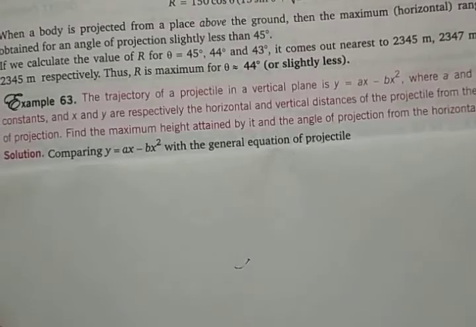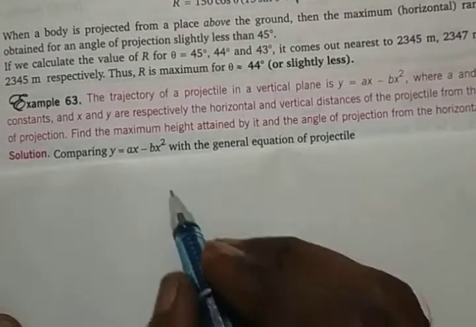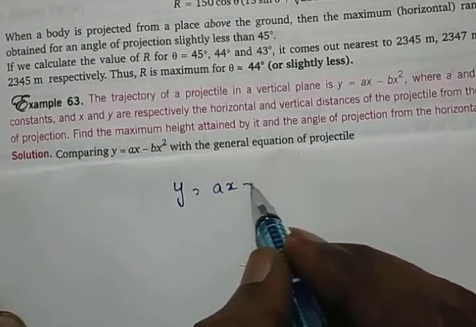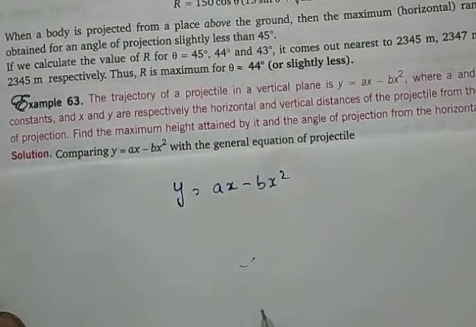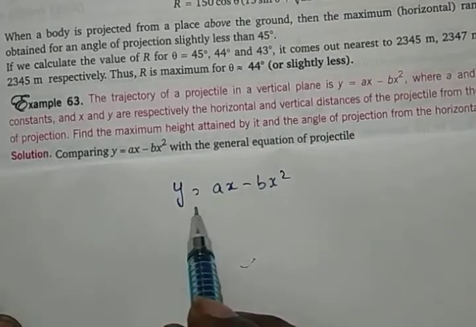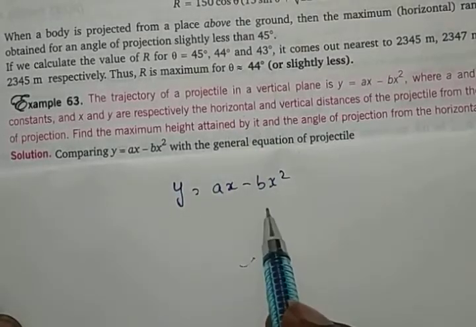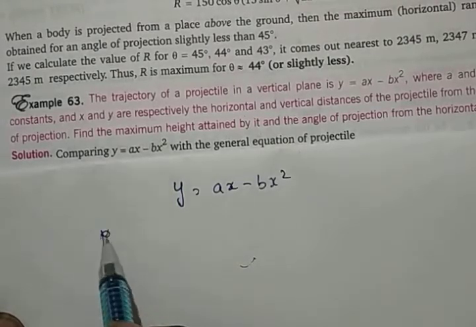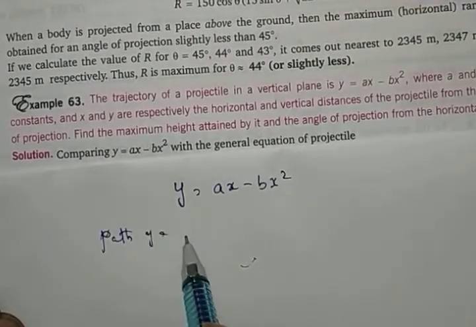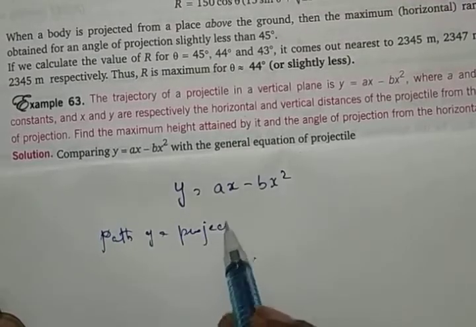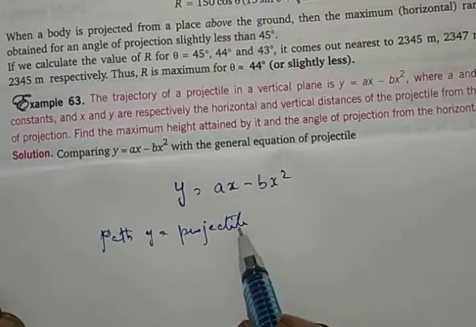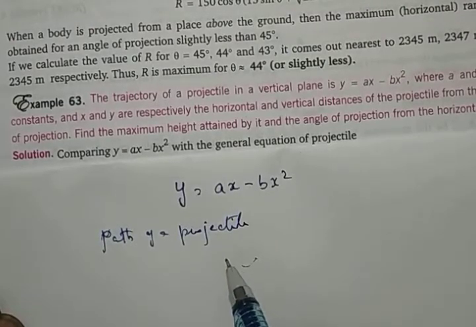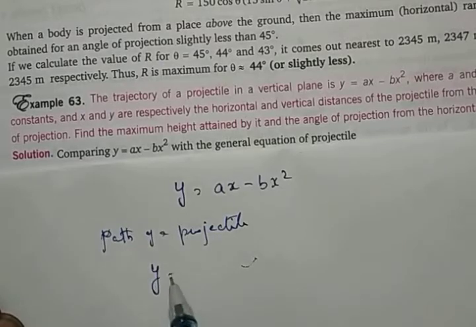angle of projection. So let us write this question as the equation is given here: y is equal to ax minus bx square. This is the equation. Now this is another equation you have to remember, which we derived, the path of a projectile. Maybe you have to flip your notebooks, register to remember this formula, take it out, but this has to come by heart.